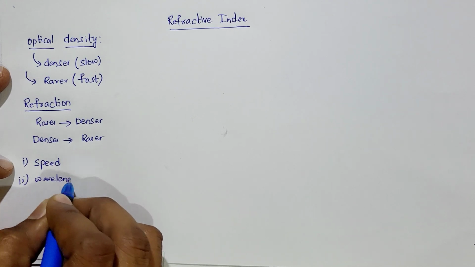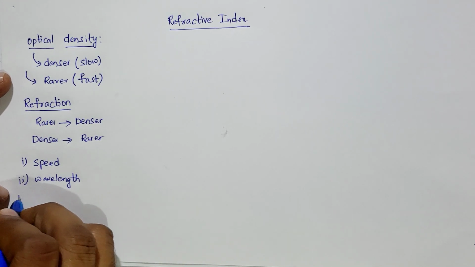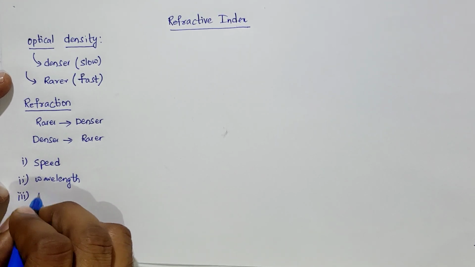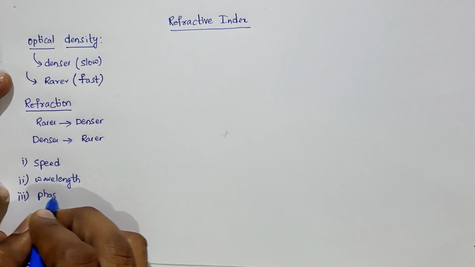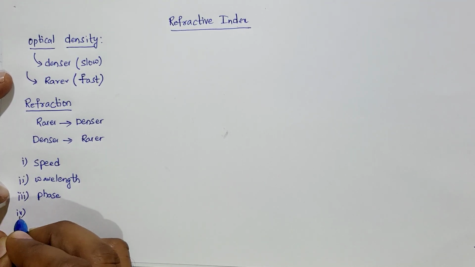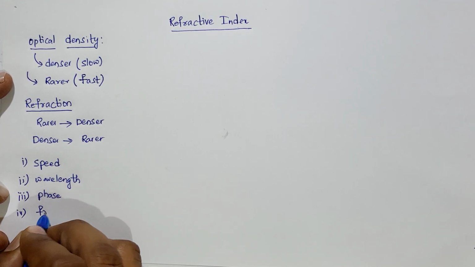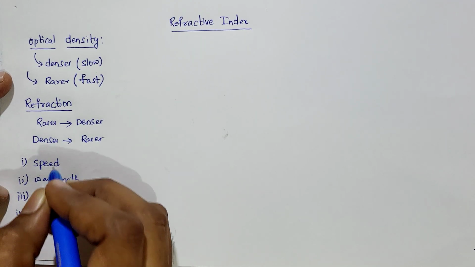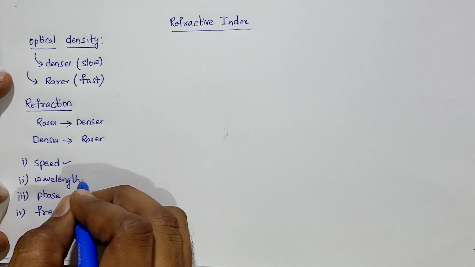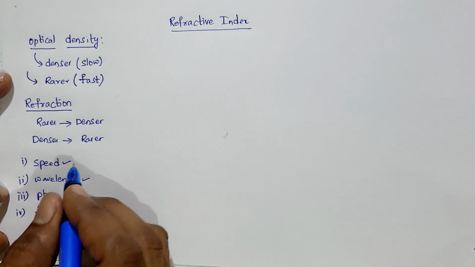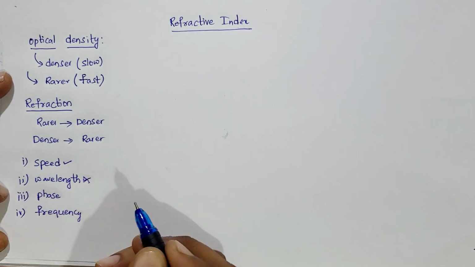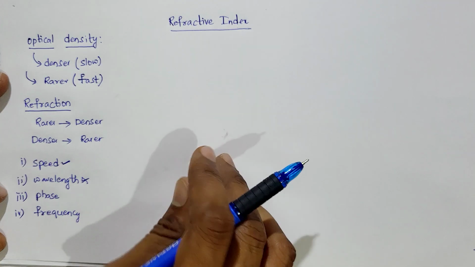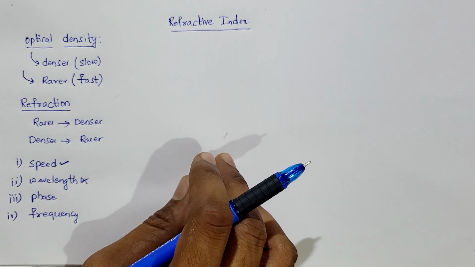And third thing, phase will not change. And the fourth thing, frequency also will not change. What are the things that will change? Speed of the light and wavelength of the light. We are not going to speak much about the wavelength. We are going to speak much about the speed of the light.